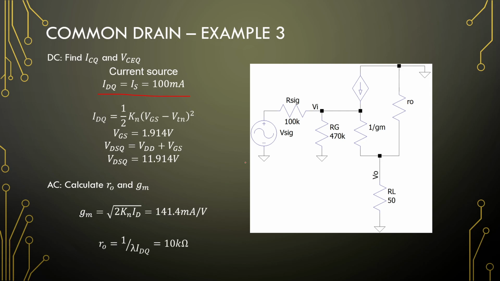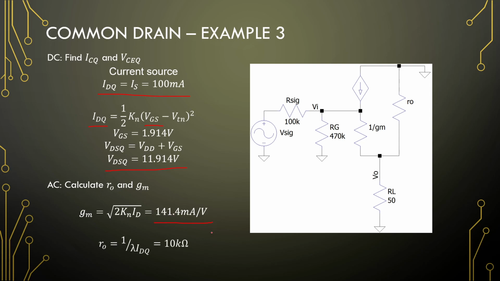So we don't need to go through the whole rigmarole of doing the quadratics, and we can plug this purely into this equation to find our VGS value, 1.914 volts. The current source will bias our transistor at the current that we want, and with that we find our Q point, 11.914 volts, pretty much the same as the previous problem.